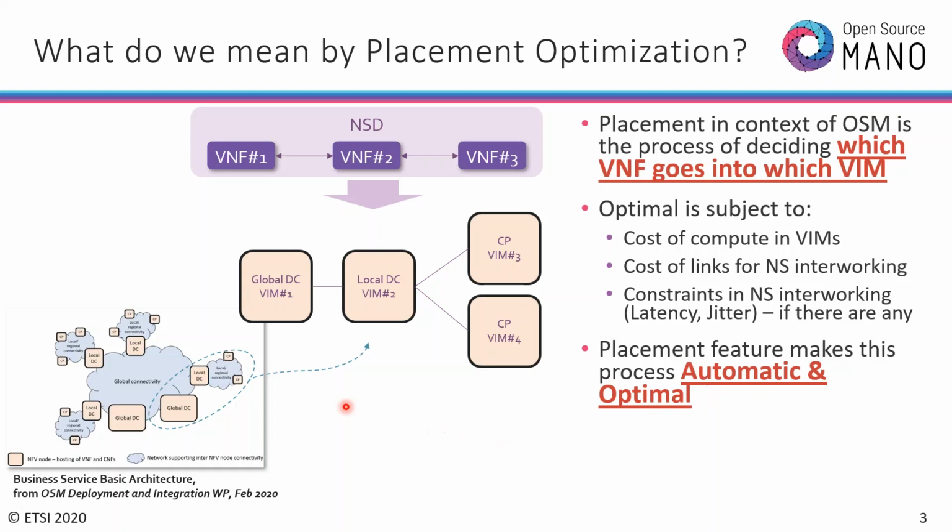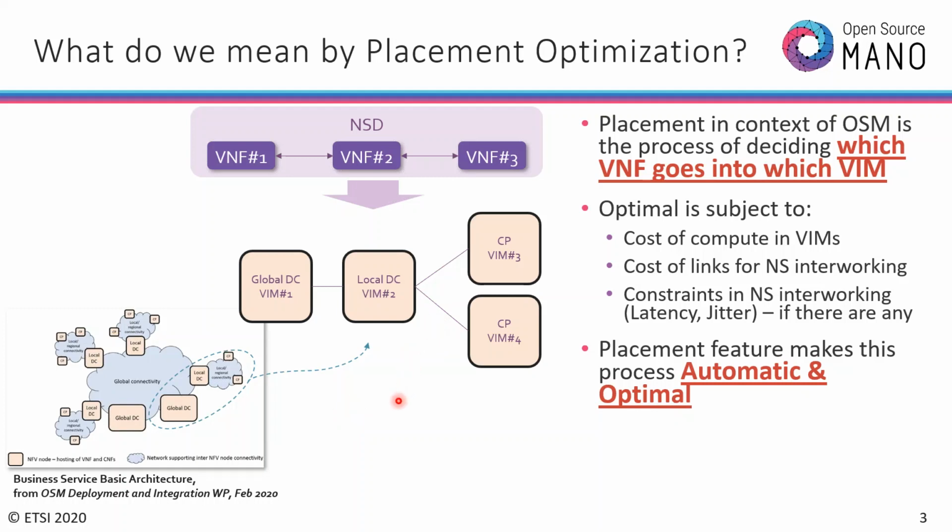Maybe we should mention, for those of you who haven't read the white paper, that CP in this case refers to customer premises, but we can also think about it as a network edge. In addition to the cost of using compute in different VIMs, there is also a cost of using the links for the service interworking.